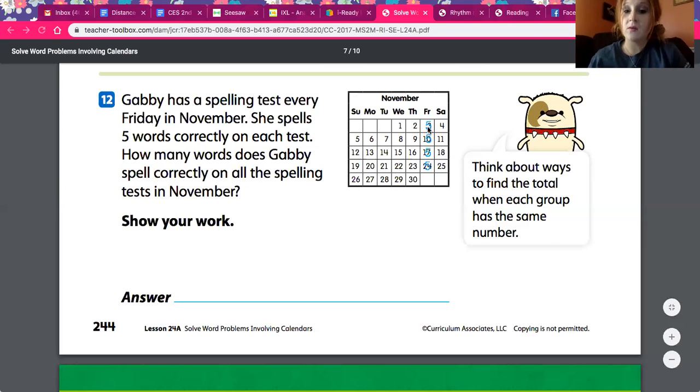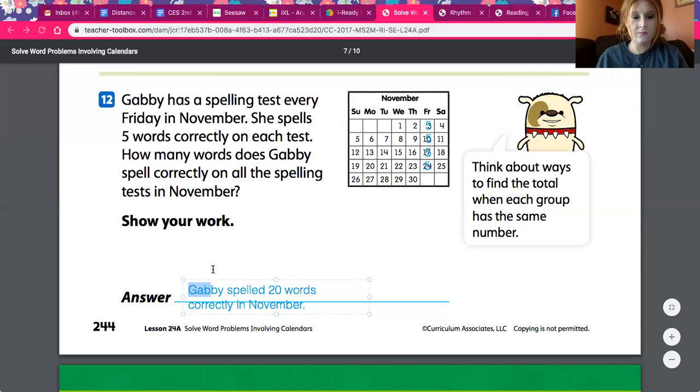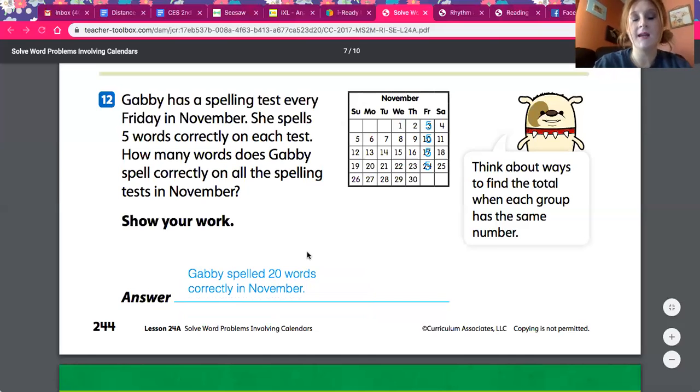And if you skip count by 5s, you can figure out how many words you spelled correctly in November. 5, 10, 15, 20. So our answer is Gabby spelled 20 words correctly in November.